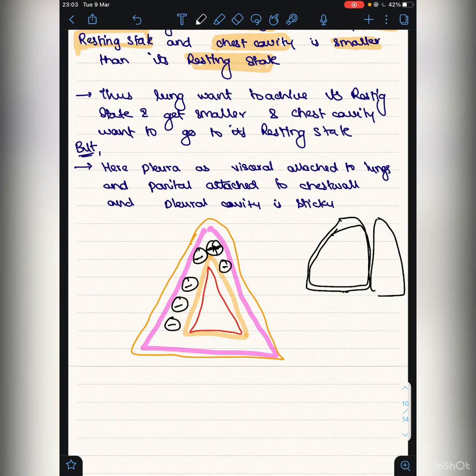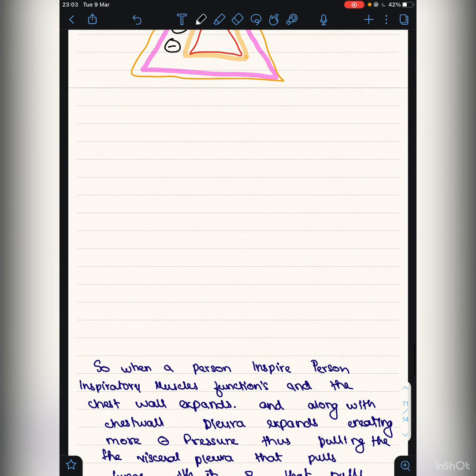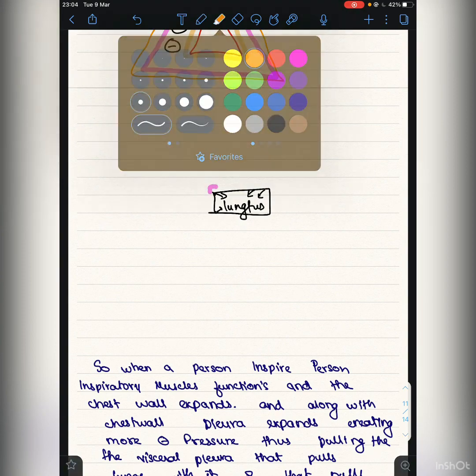How? I'll show you. Think this is lung tissue. As it is elastic, it wants to get smaller. True. Now we add pleura.